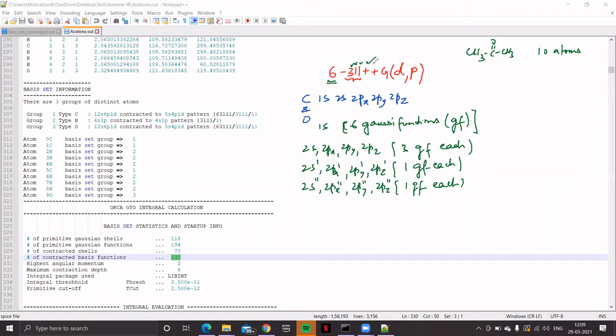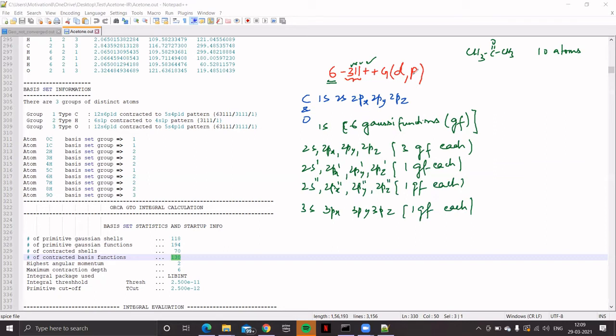Plus means you are providing another set of valence shell orbitals but with a bigger size. For carbon, second shell, you can go for the third shell type. So you'll have another set of functions which will mimic things like 3s, 3px, 3py, and 3pz. So that's the meaning of this 1 plus. You're providing orbitals with a bigger size, but each one is made up of one Gaussian function.